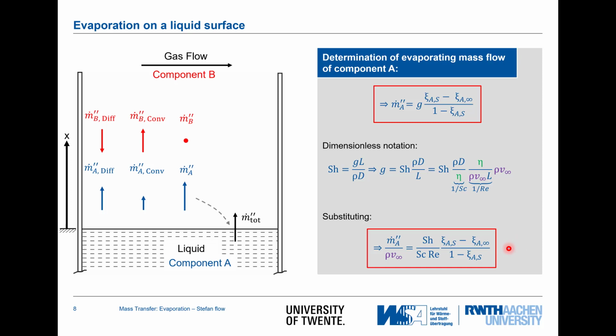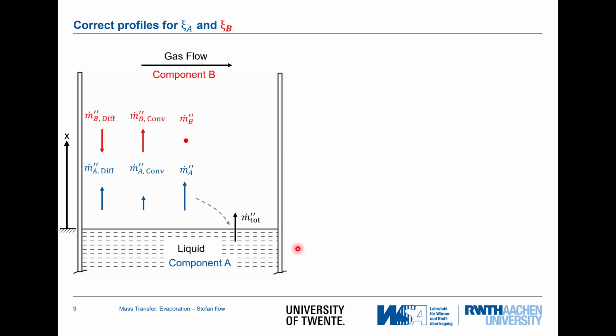And that's what I wanted to show you, and I forgot to explain in the previous video, I said that this is 0, and we see here that there is a small contribution by convection, which makes the total mass flow rate larger than just the diffusional one. And this brings me at the end to show you the correct profiles.